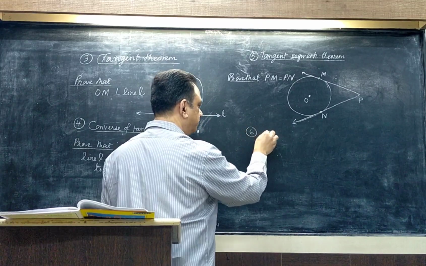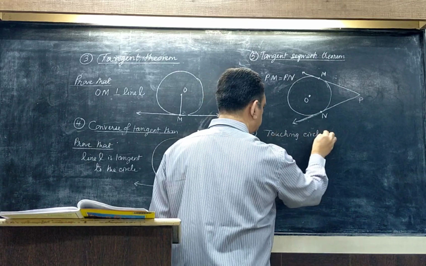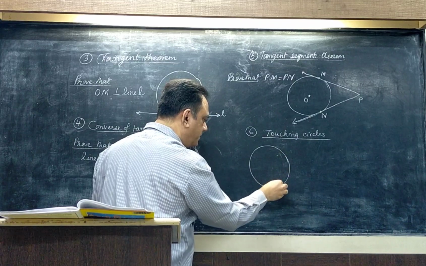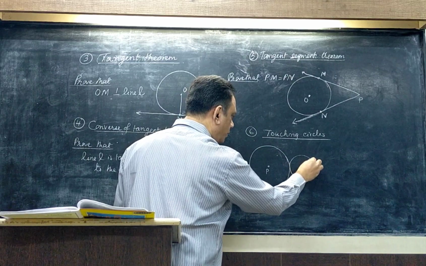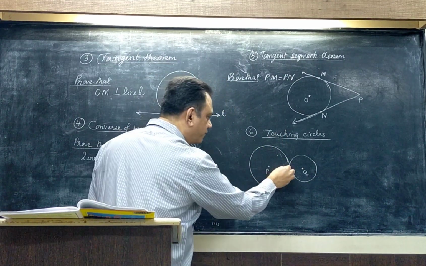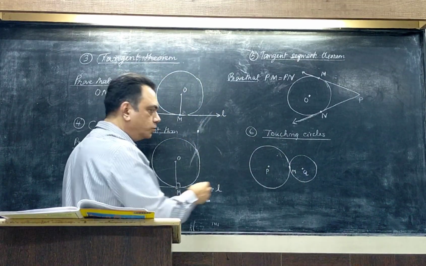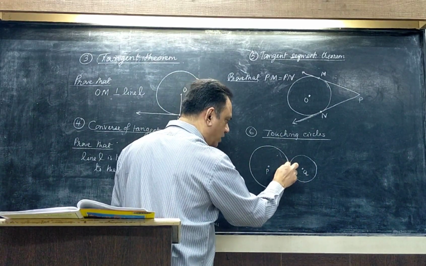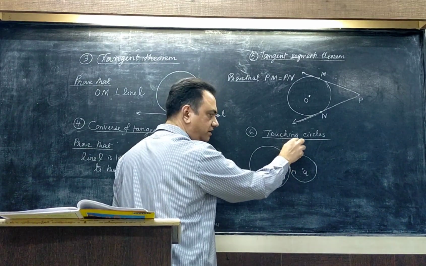Point number 6. I'll talk about touching circles. This is a circle with center P, and this is another circle with center Q. They have got a common point M. Two circles touching each other at point M, that is having a common point M, are called touching circles.